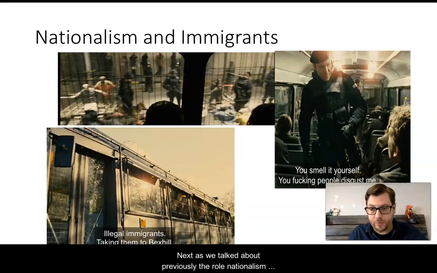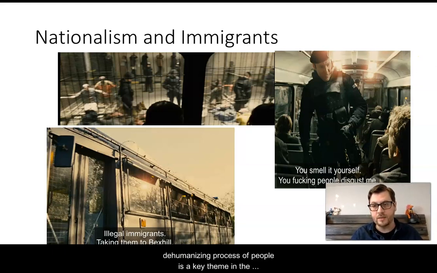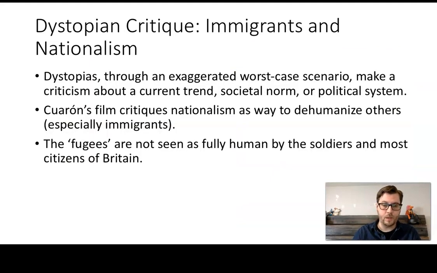Next, as we've talked about previously, the role of nationalism and immigration, and the way that nationalism can present a dehumanizing process of people, is a key theme in the film, probably one of the most key themes in the film. All right.